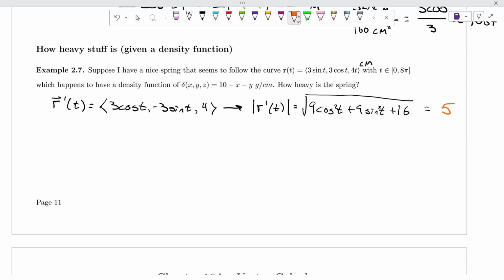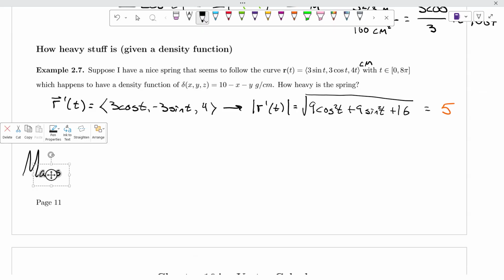And with that in mind, I want to go get the weight of this thing. Except I don't want the weight, do I? This is in the metric system, so I actually want the mass. Since I'm giving grams per centimeter, that's a mass unit, rather than pounds per centimeter, which would be a weight unit.